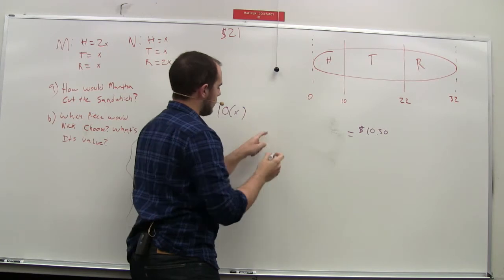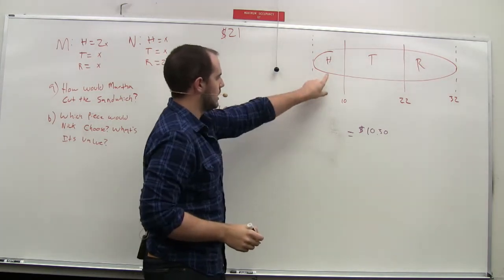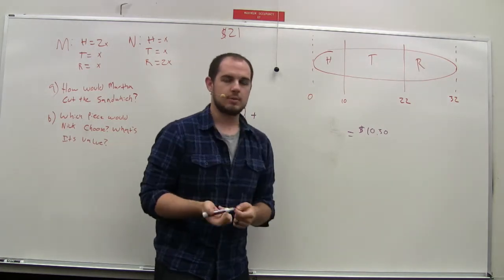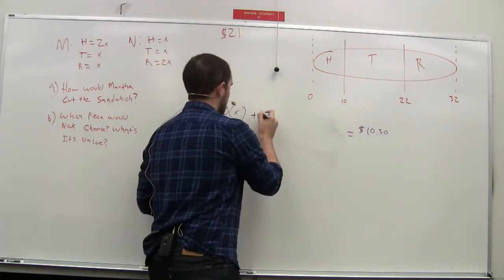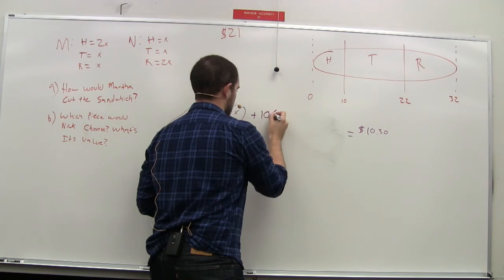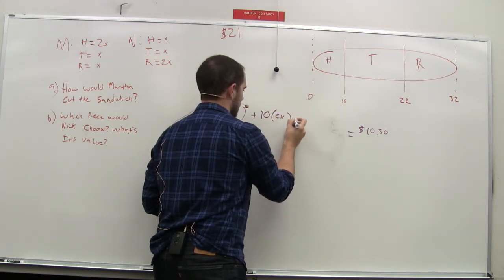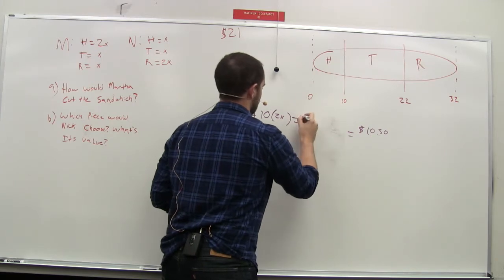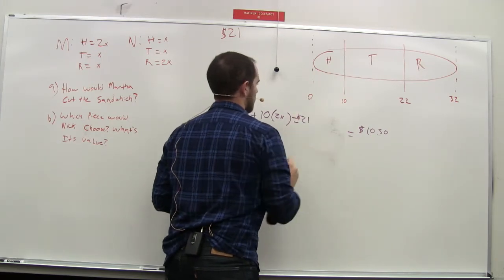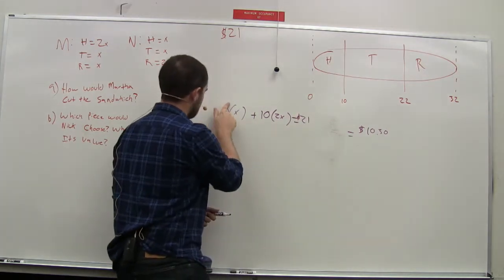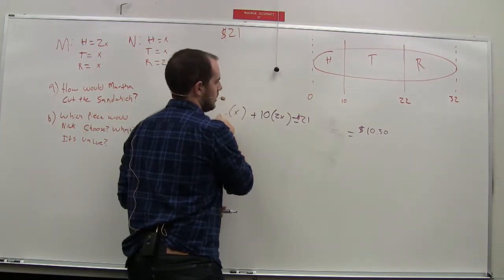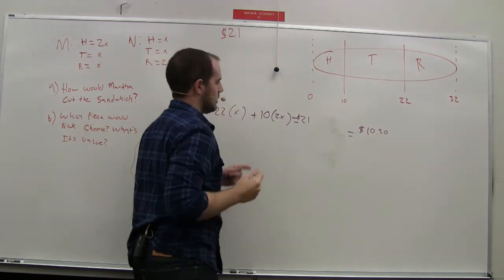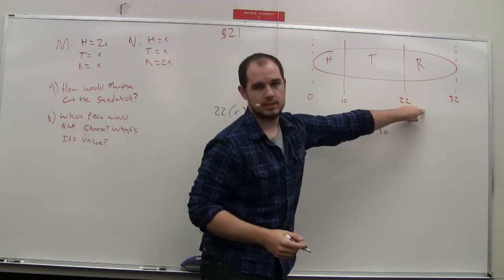And to that we're going to add whatever the ham is worth. We have 10 inches of ham, and remember the ham is worth 2x, so we're going to say we have 10 times 2x. Okay, and that is going to equal our total of $21. Actually, it's not 10 inches of x, it is 22 inches. So let's fix that. Okay, 22 inches comes from the 12 plus the 10.